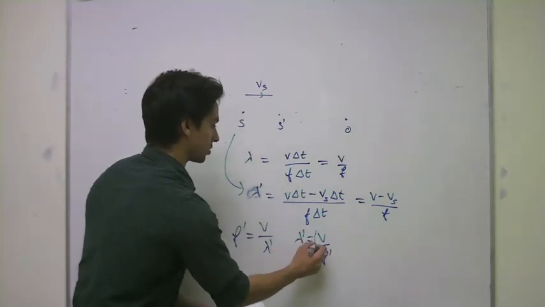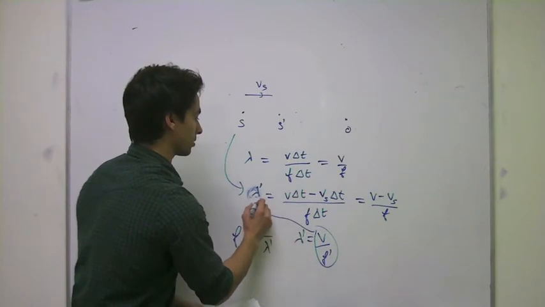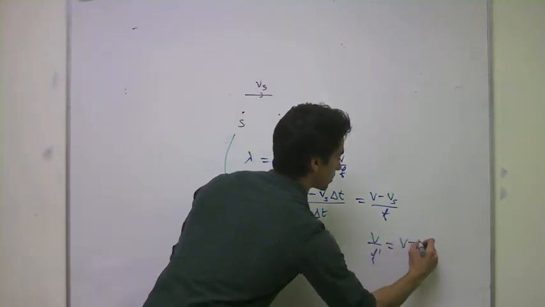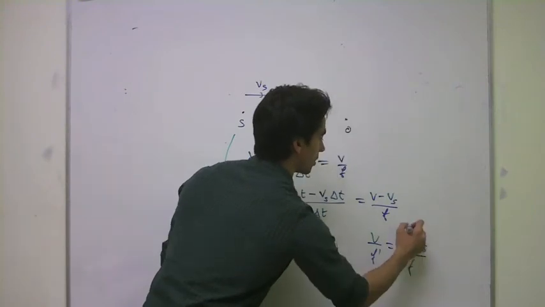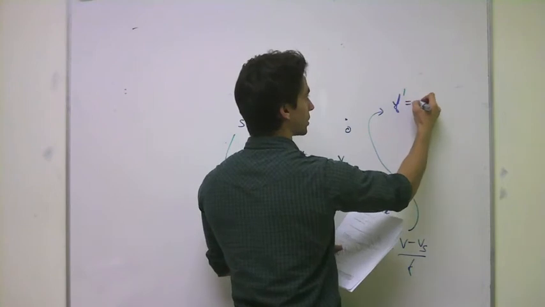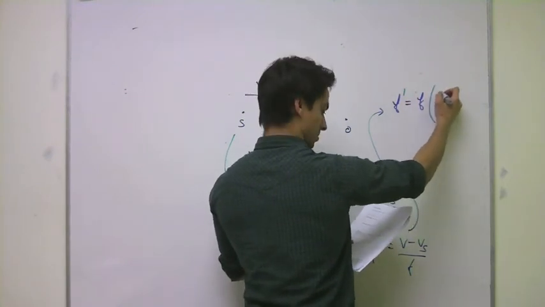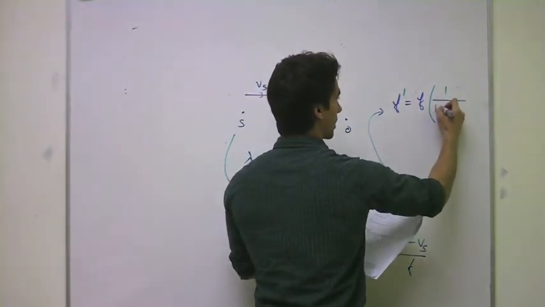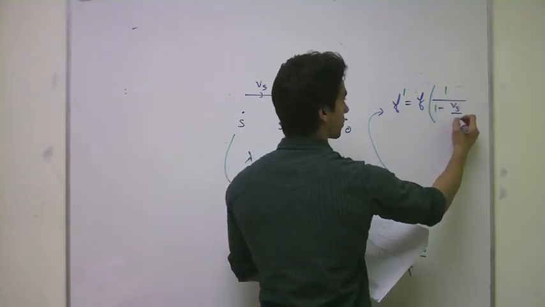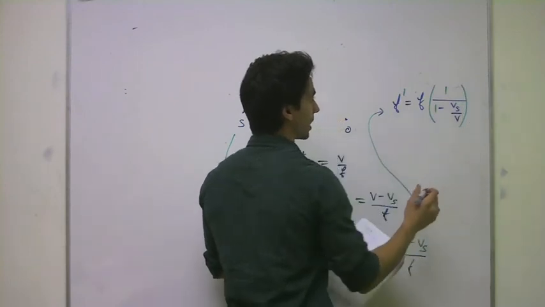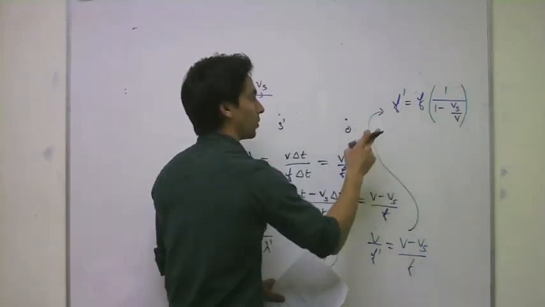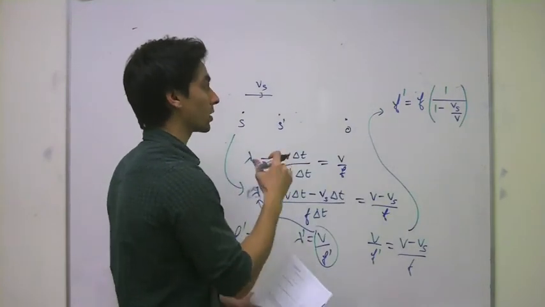So we can substitute V over F dash over here, and we will get V over F dash equals V minus Vs over F. Working this out gives us F dash equals F multiplied by 1 over 1 minus the velocity of the source divided by the speed of sound in air. So this happens when the source is actually moving towards the observer.